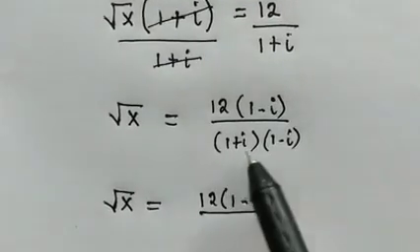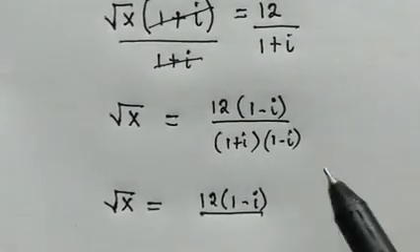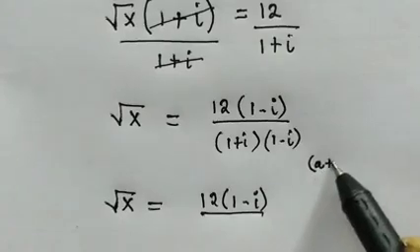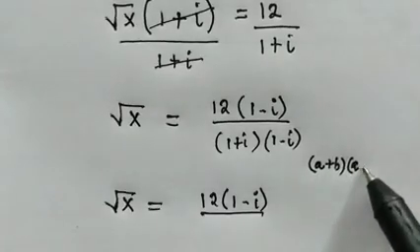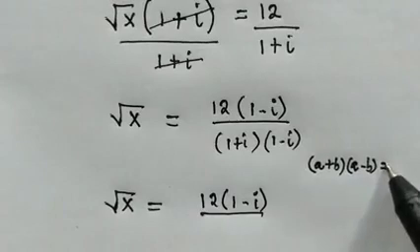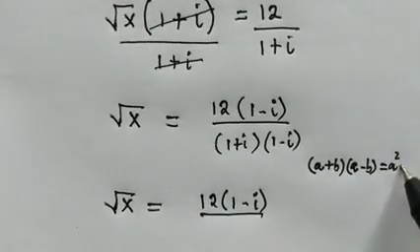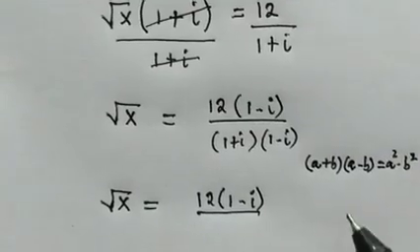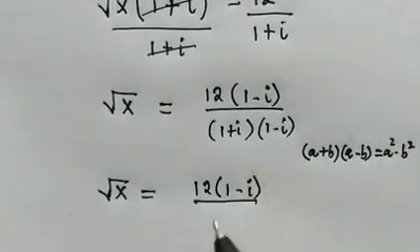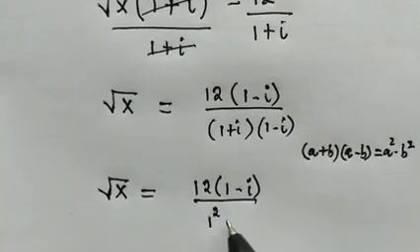Here we're going to make use of the difference of two squares formula. We know that a plus b multiplied by a minus b is equal to a squared minus b squared. So using this formula, down here this will be 1 squared minus iota squared.